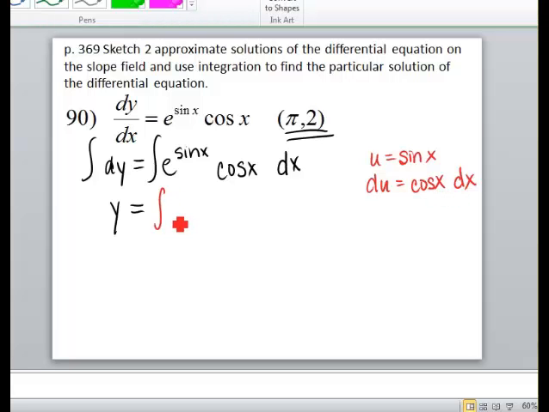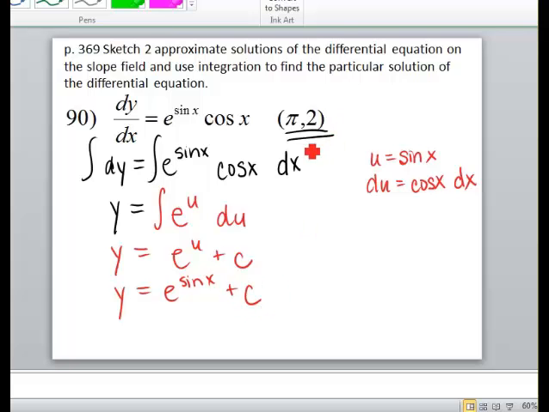So I got the integral of e to the u. I need exactly cosine x dx. I have exactly that with the du. So now I have y equals e to the u plus c. So I have y equals e to the sine x plus c.